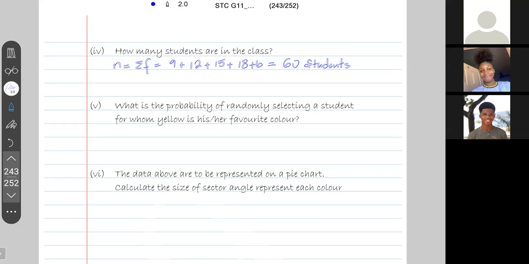Then it says, what is the probability of randomly selecting a student for whom yellow is his or her favorite color?